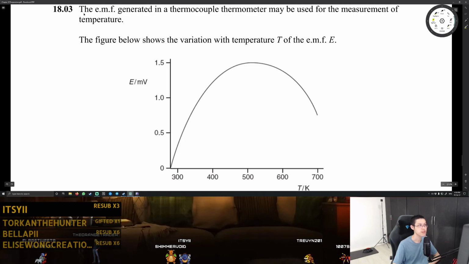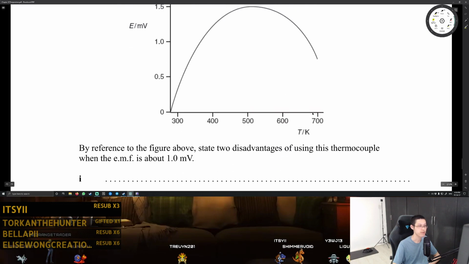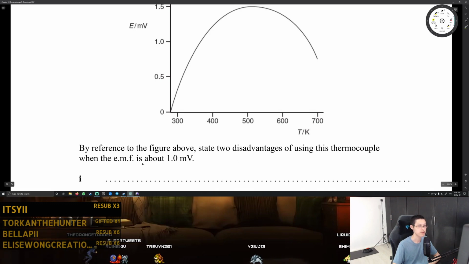So now we are given an EMF generated by the thermocouple. Remember, the thermocouple is a thermometer with the potential difference as the sensing parameter. And then you are given this curve here. By reference to the figure above, state 2 disadvantages of using the thermocouple when the EMF is about 1 millivolts.